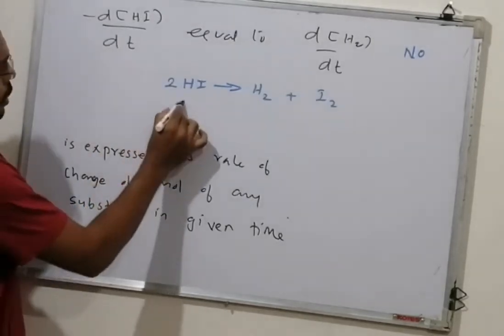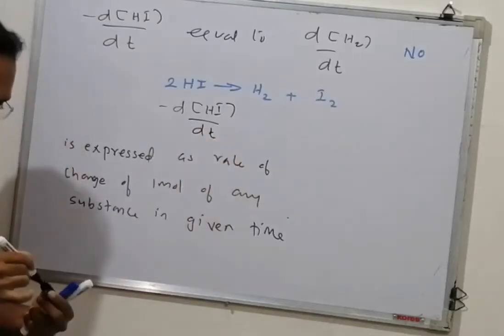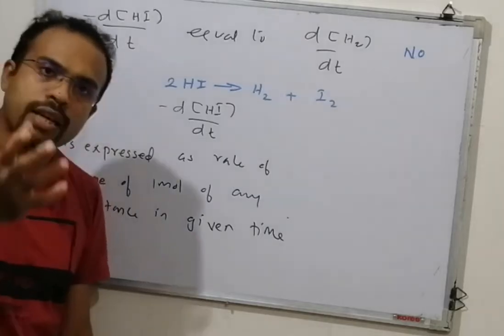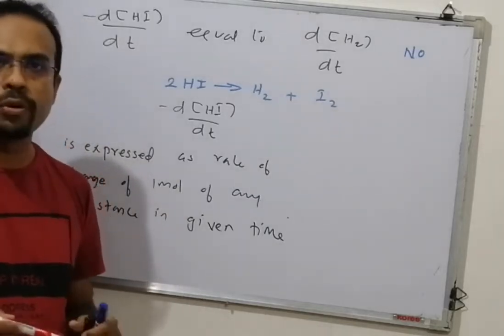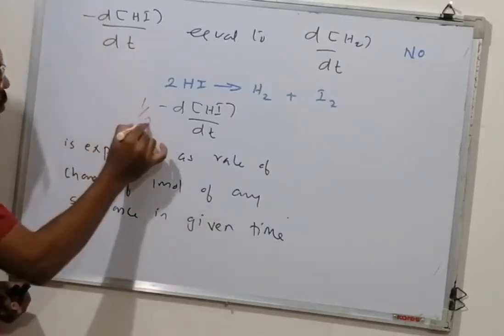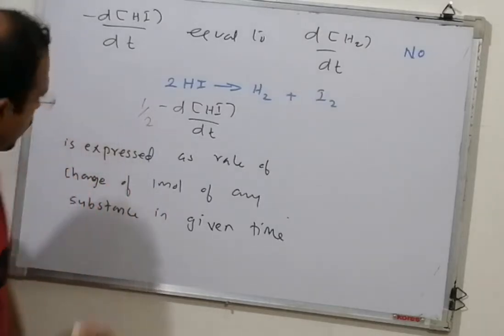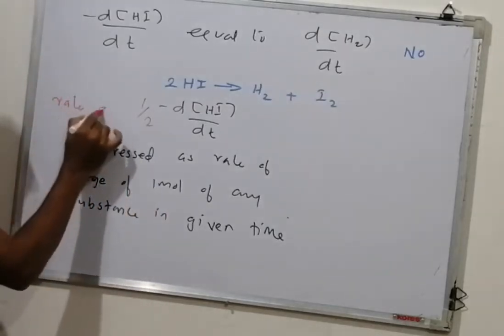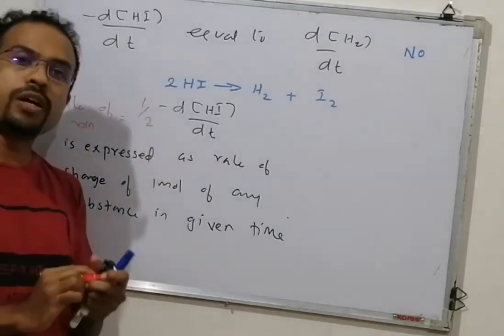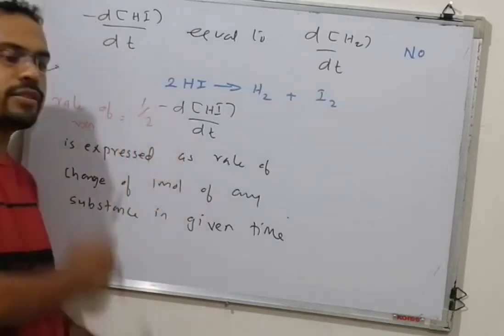Therefore, please remember, this is the rate of change of HI. This is not for 1 mole, this is for 2 moles, because the coefficient has been given as 2. Therefore, how could you make it 1 mole? Divide by 2. That is why when you express the rate of reaction, if the coefficient is more than 1, it is written like this.